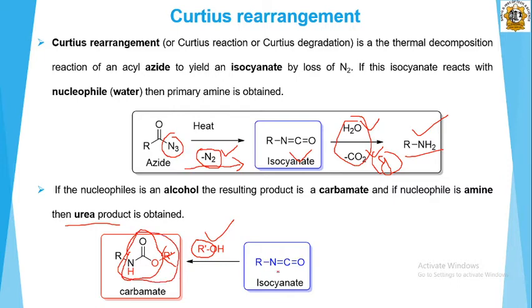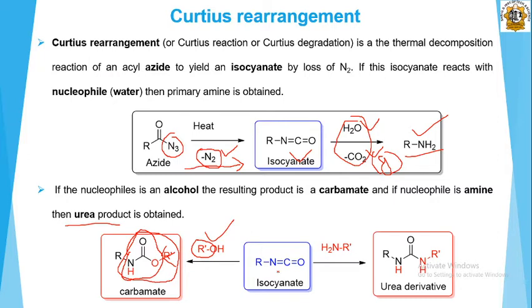And if instead of alcohol you use amines, you will get urea, where this R will be this R dash. So according to your choice, you can get different products using this Curtius rearrangement reaction.